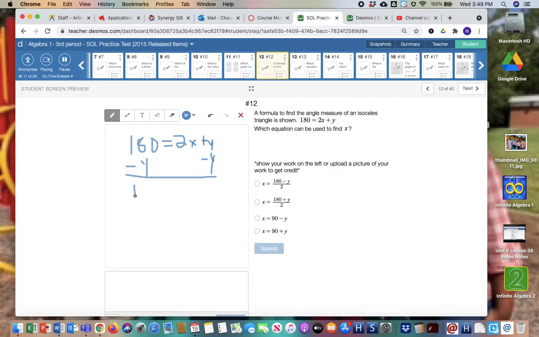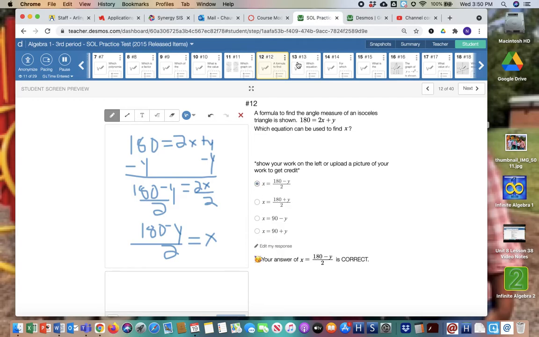So when I do that, I'm going to get 180 minus y equals 2x. Now I need to solve for x. So I'm going to divide by 2 here. So I'm going to get 180 minus y over 2 equals x. Okay, 180 minus y over 2. Well, which one's that? There it is, right there.